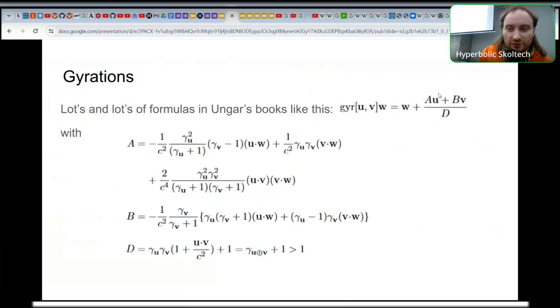Yeah, that is the definition of gyration in this way.